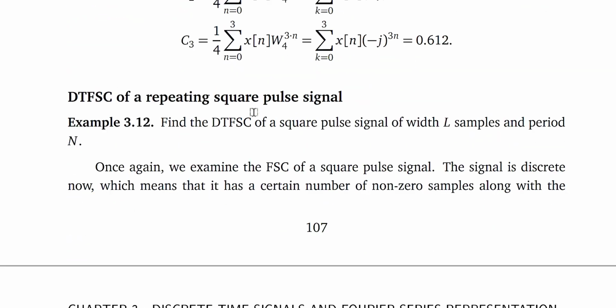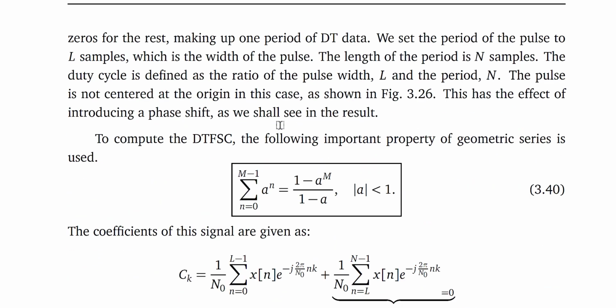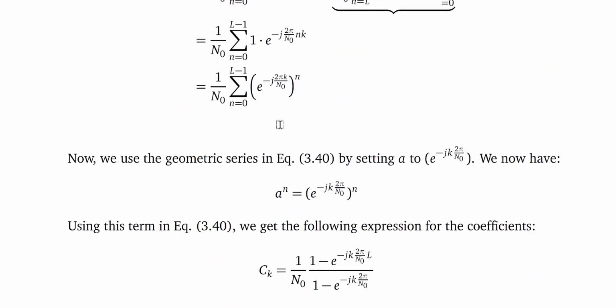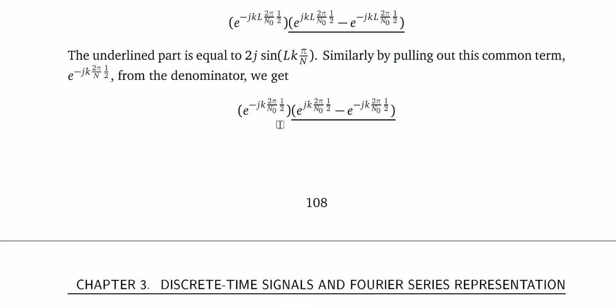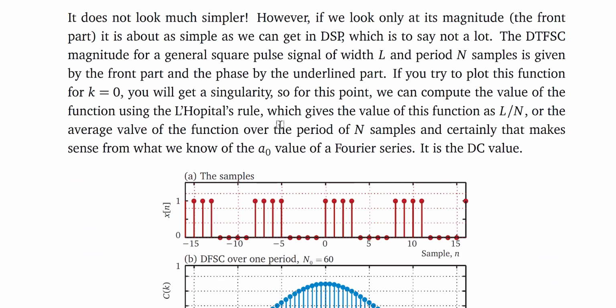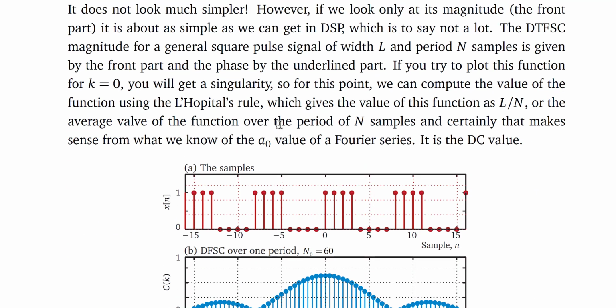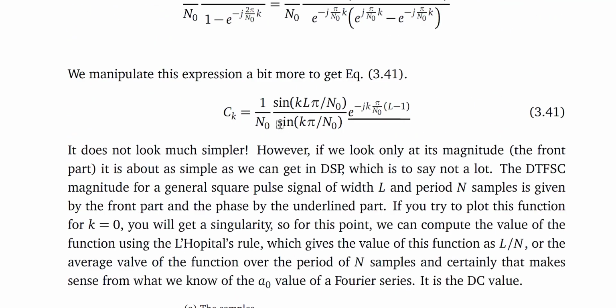Okay, now the most important signal is a square pulse signal. It's of a width L samples and has a period of N, and we would draw it something like this. We find that we can use the same method to compute its coefficients.